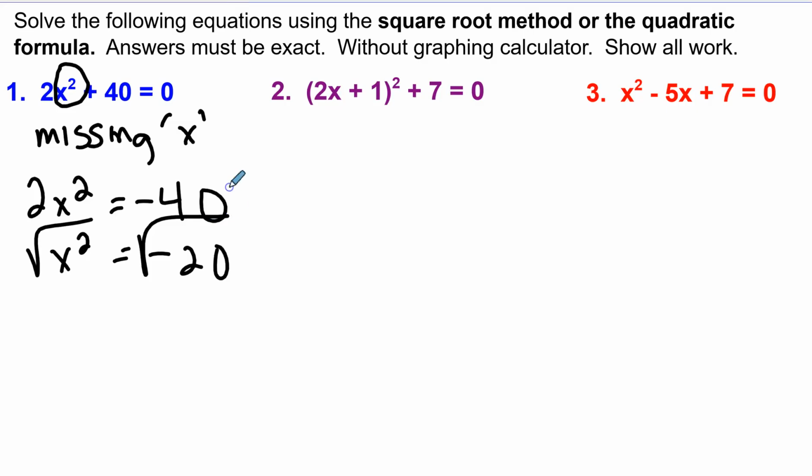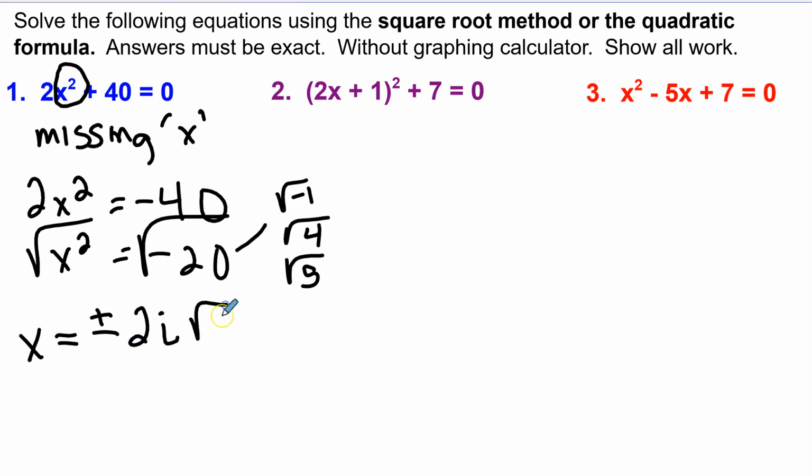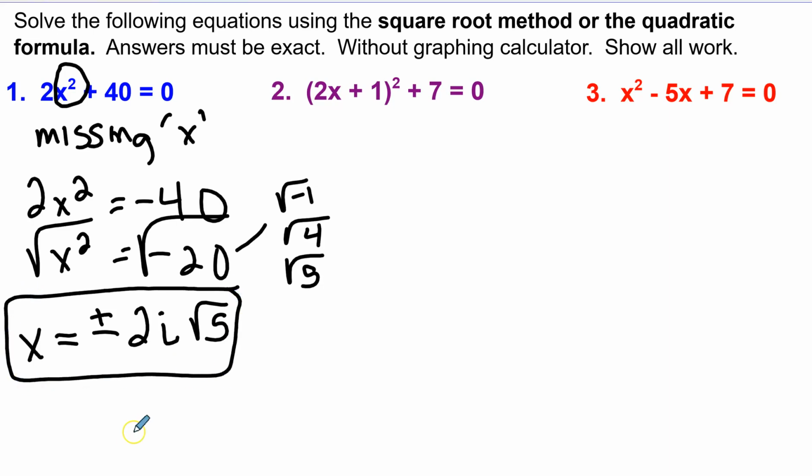And then you square root both sides. So you end up with an x equals plus or minus, and I think of negative 20 as negative 1, 4, and 5. So that negative 1 is going to come out front as an i. The square root of 4 is coming out front, so it'd be 2i, the square root of 5. So I have 2 actually imaginary roots, and remember that does not cross the x-axis.